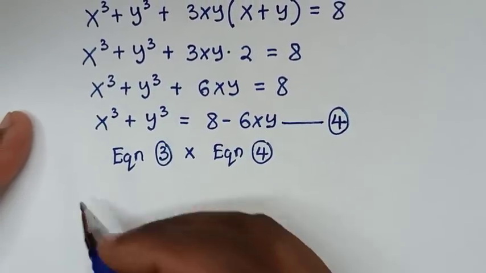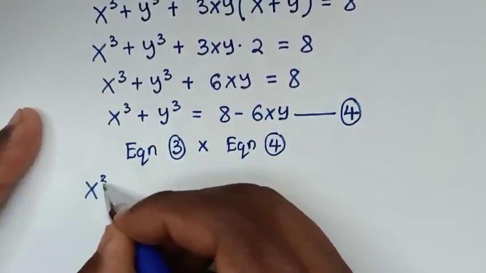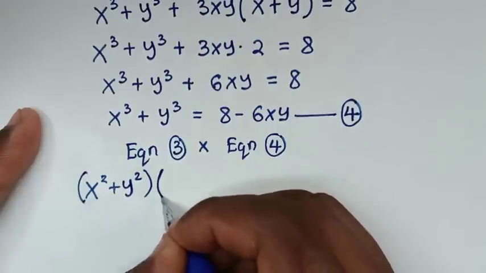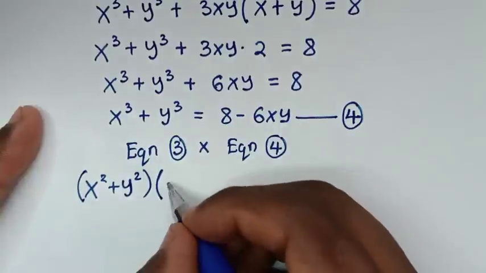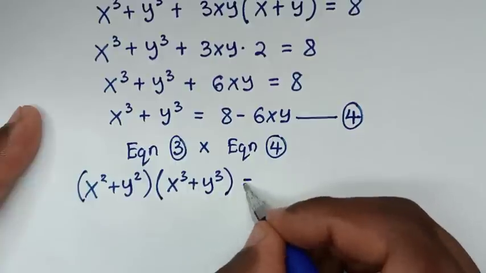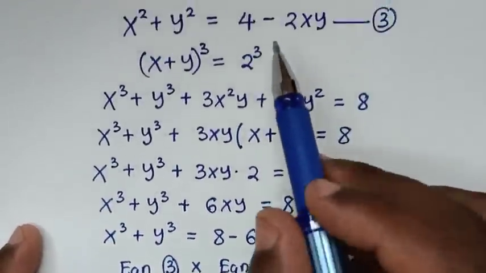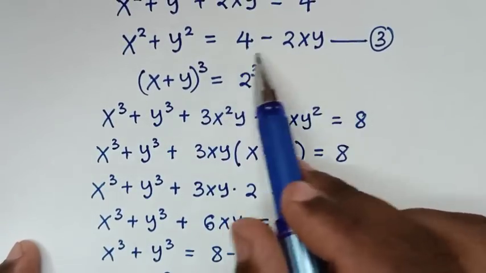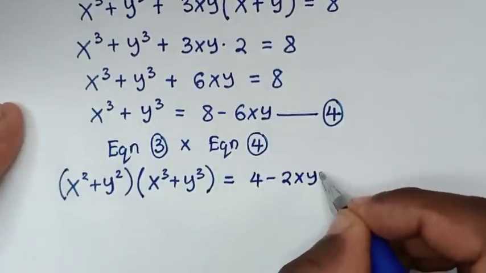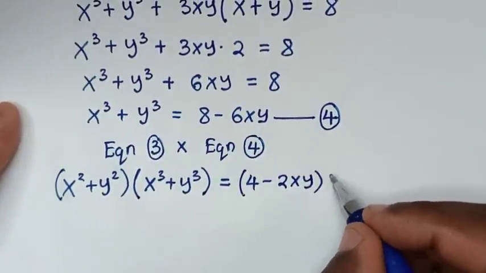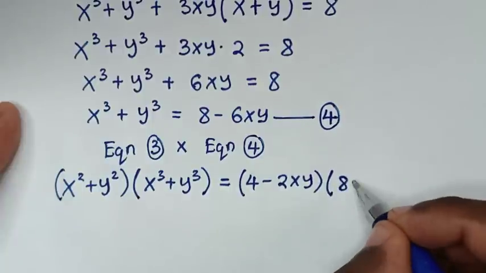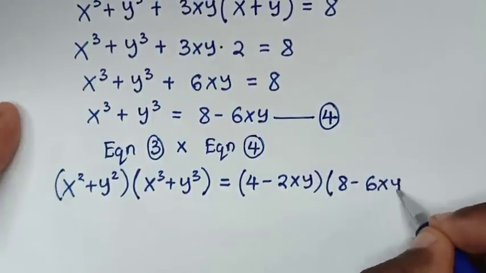So it will be x square plus y square, bracket, times bracket, equation 4 left side, x power 3 plus y power 3, bracket, is equal to equation 3 right side, 4 minus 2xy, bracket, times bracket, equation 4 right side, 8 minus 6xy, bracket.